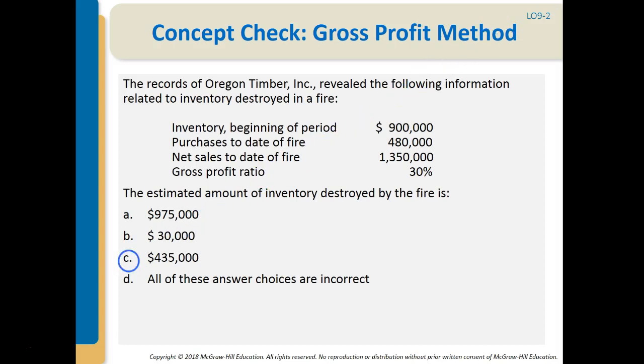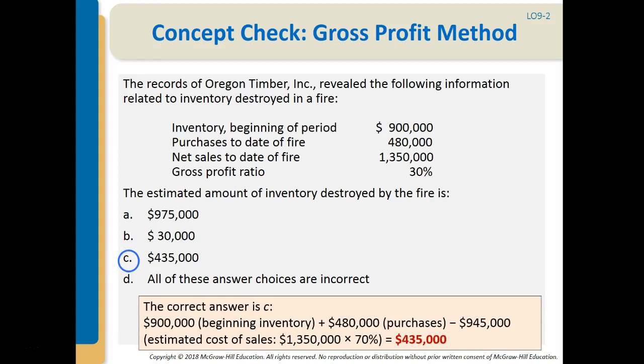So the way in which we're going to calculate this is we're going to start with our beginning inventory and add our purchases. We're going to subtract out what we estimate the cost of sales to be. Now we'll estimate that by showing the sales to date times 70%. Since 30% is the gross profit ratio, then that means 70% would be the cost of products sold.